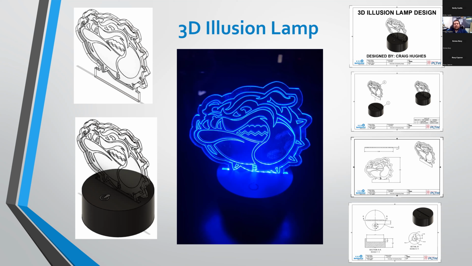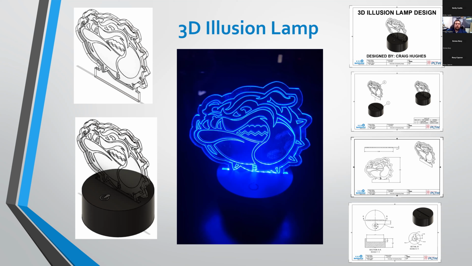So we go through the process of modeling it. They do an assembly of it. It's a very simple assembly, but it teaches them the concept of putting two components together and using joints to do so. And then they also have to do the documentation for it. They use the drawing environment of Fusion to create that.